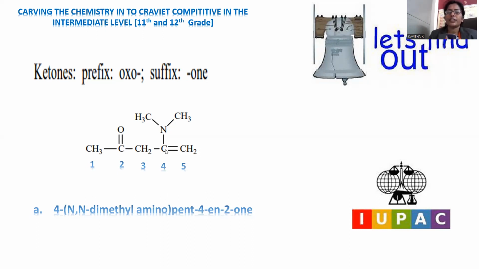If you see, the fourth carbon has multiple features: one is the amine, the second is the double bond. Both we need to assign on the fourth carbon itself. On this fourth carbon, nitrogen is there, and this nitrogen is a tertiary amine. Tertiary amine means the nitrogen is attached to 3 alkyl groups.